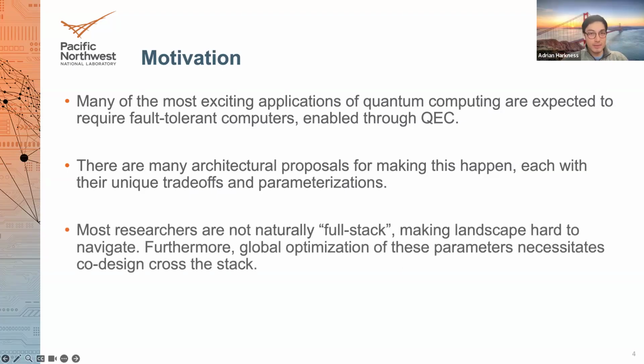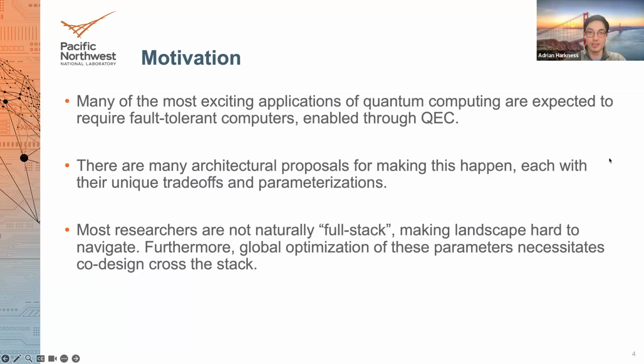This is especially difficult because most researchers, at least speaking for myself, are not really naturally full stack in the sense that maybe they're specialized in algorithms or error correction codes or maybe even RZ gate decomposition, something as specific as that. But it's hard to really know how all of these parameters play with one another. And that can make this landscape of trade-offs quite hard to navigate.